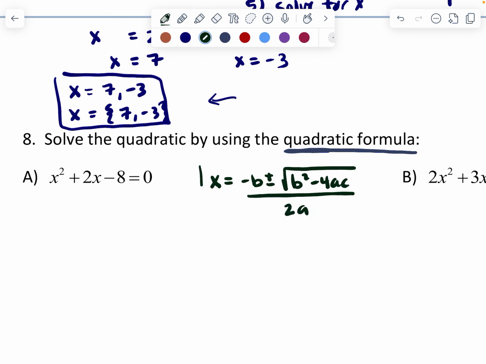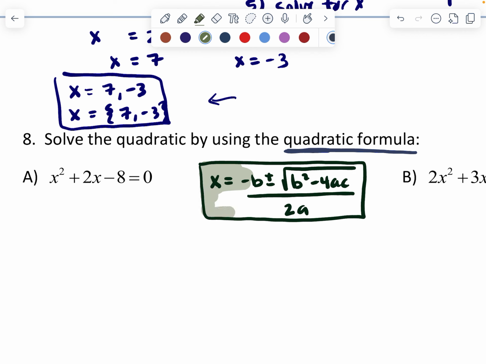I'm going to box this, and I'm going to highlight this. You need to have this memorized. Please, please, please. If you don't have it memorized, you're not going to be able to do this problem. And the best way to memorize something is just to rewrite it over and over again until you get it.